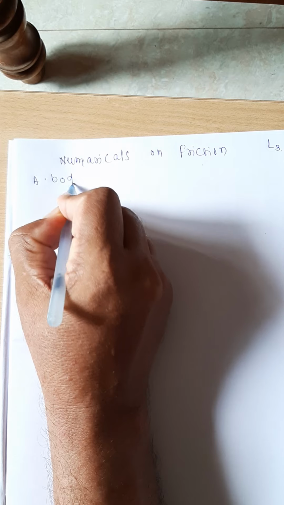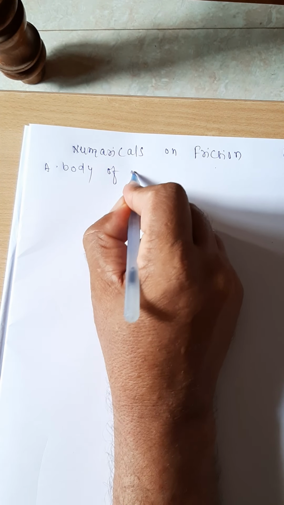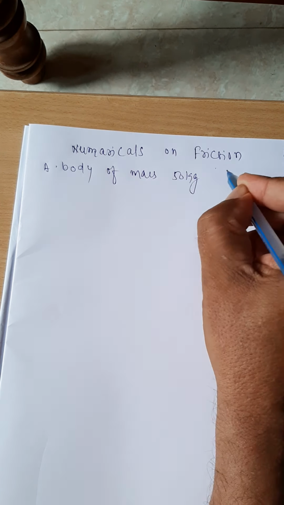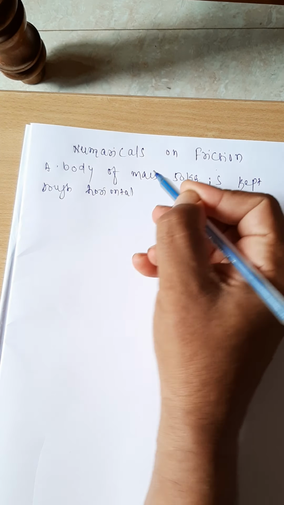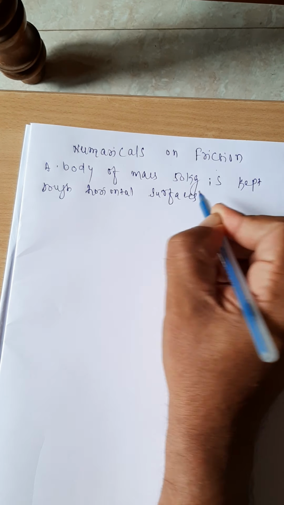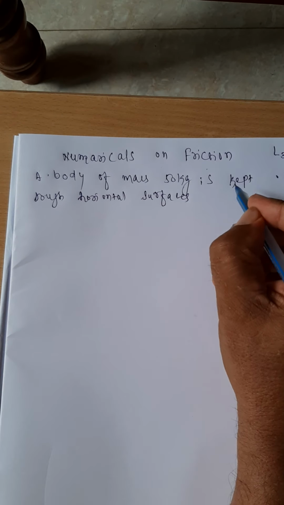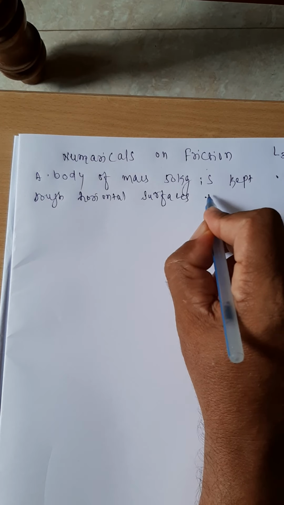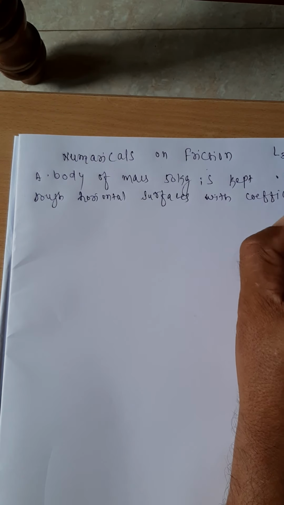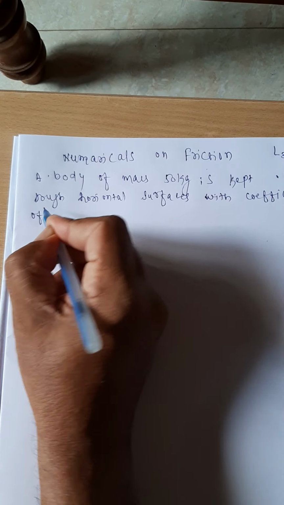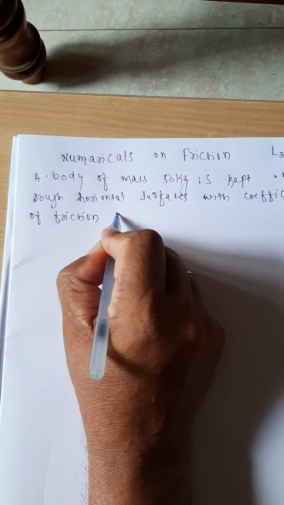A body of mass 50 kg is kept on a rough horizontal surface, and a force is applied, with the coefficient of friction mu equal to 0.25.